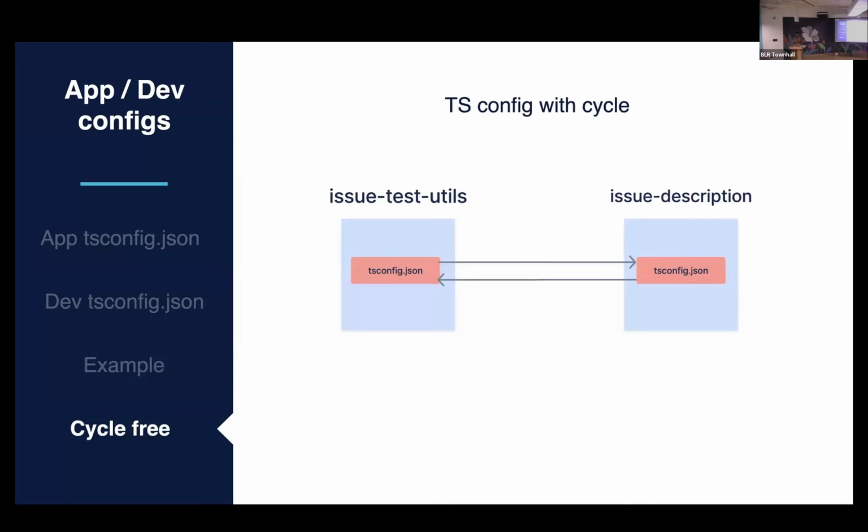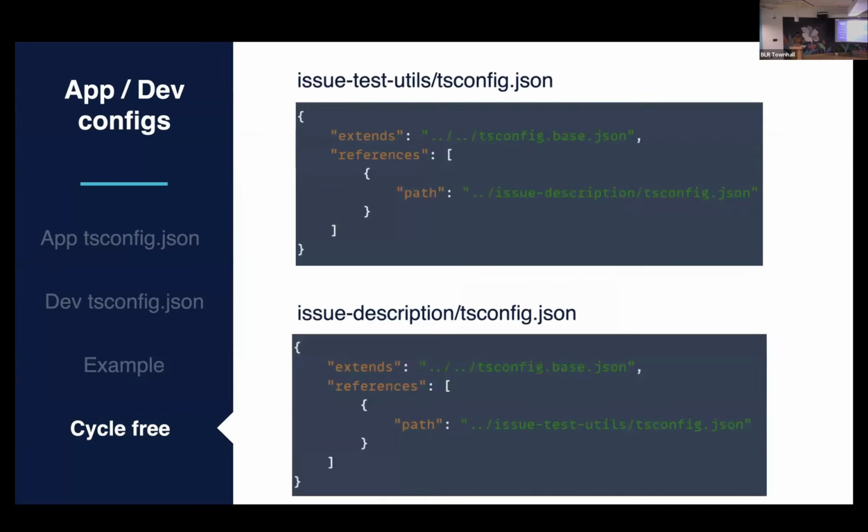So this is the cycle that was there previously. Let's also look at an example of what the issue test utils config looks like. You can see in the references, the issue test utils references the issue description, and the issue description config refers to the issue test utils. So this is the cycle that I was talking about.